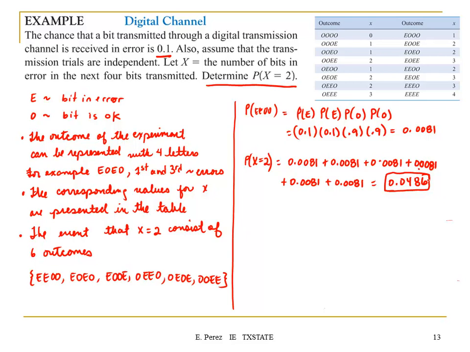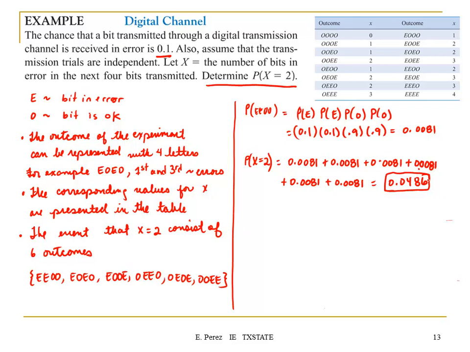Okay? So the probability of having 2 of those 4 bits being an error is 0.0486.